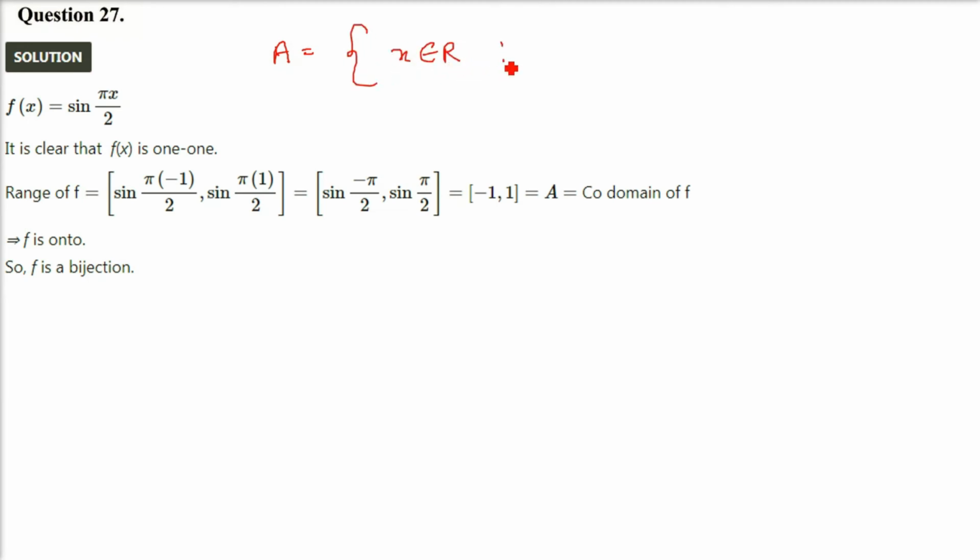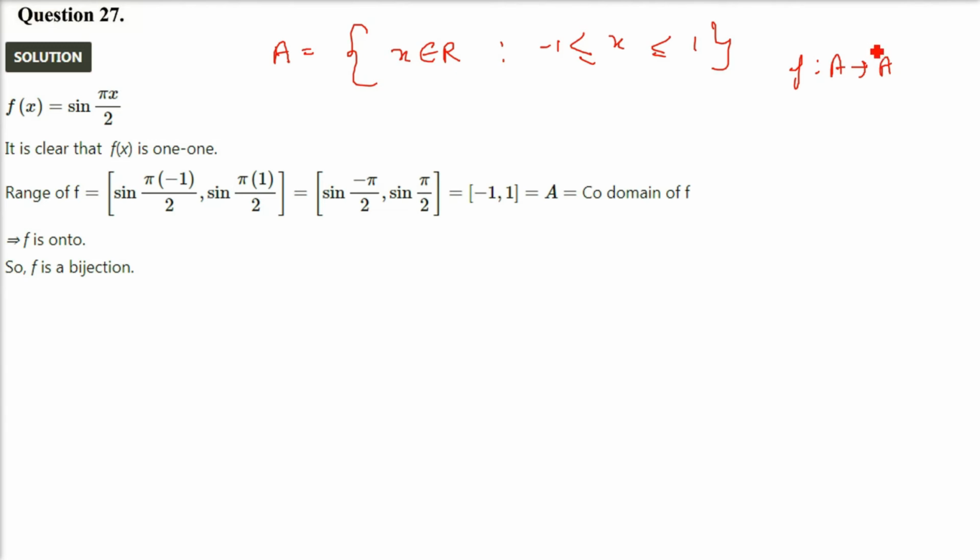So this is, A is x belongs to R, and this x is between negative 1 and 1. So this is basically a map to itself, R, bijection. Which of the following functions? There are 4 options, actually 3 functions, because one is none of these. So which of these are bijections to itself?